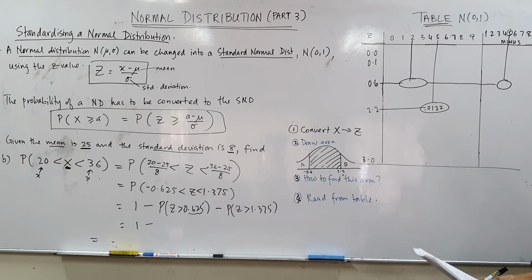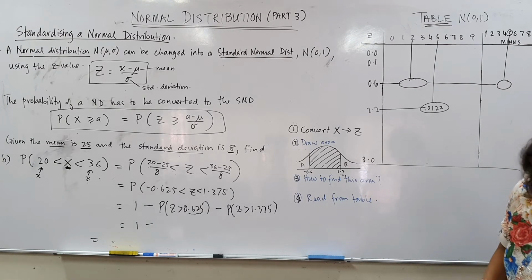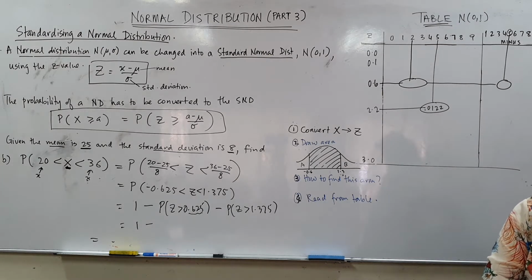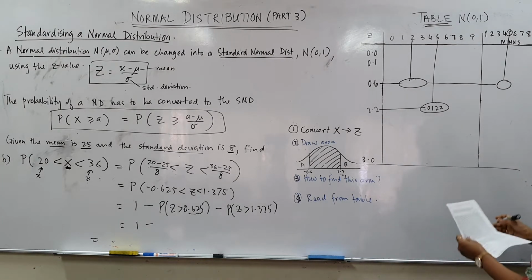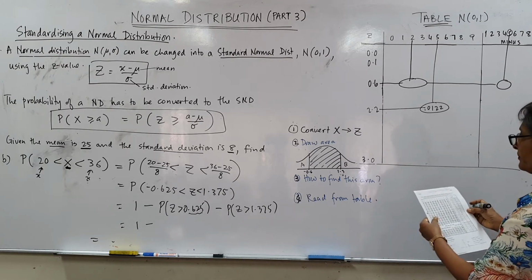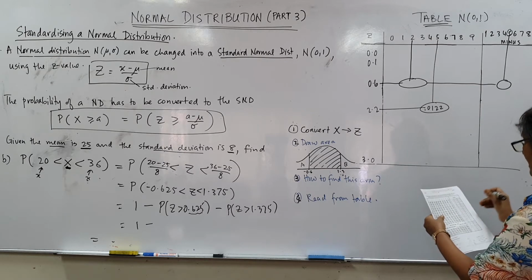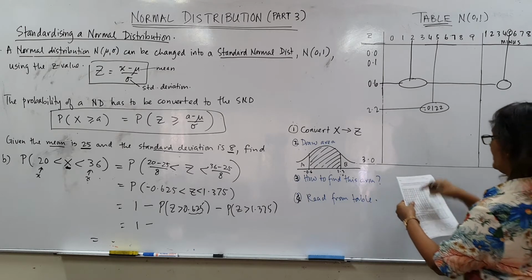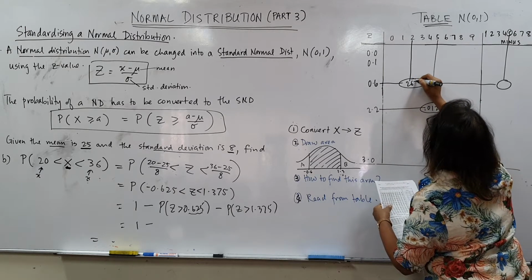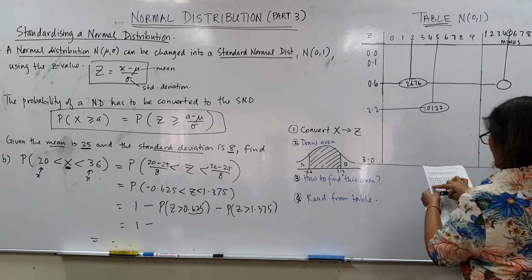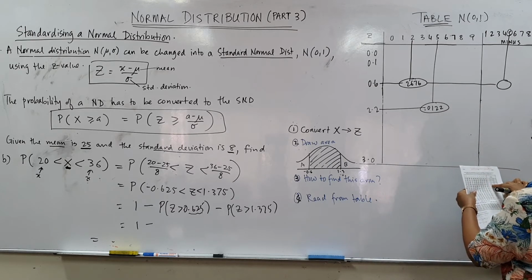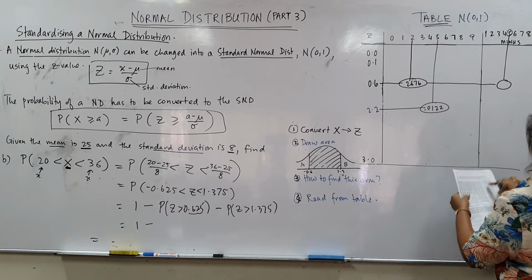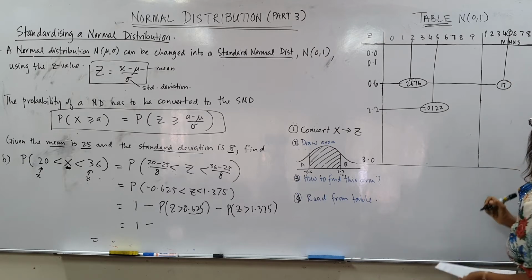For 0.625, 0.6 and 2 is 0.2676. And down the same row, 5 is 17. Okay? Just like that.